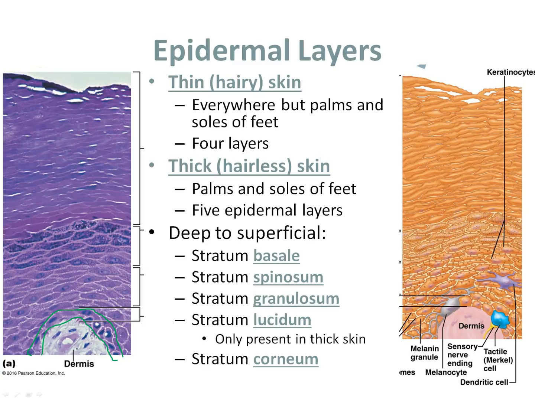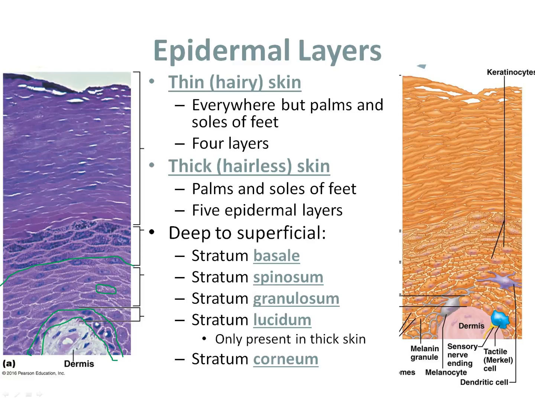The stratum spinosum is the next layer, and it contains cells that have sort of a spiny appearance. You can see some of these spines right here. That's an artifact of histological slide preparation. As we prepare these slides, they start looking more and more spiny.